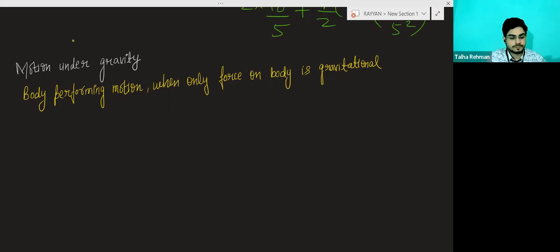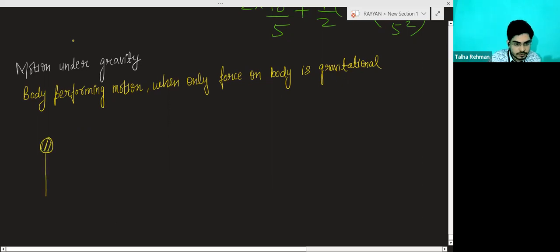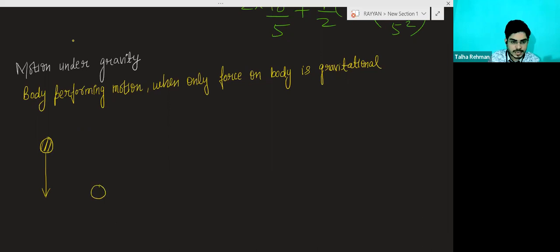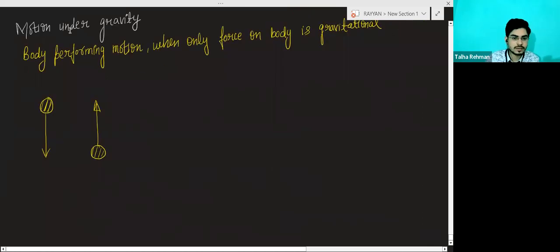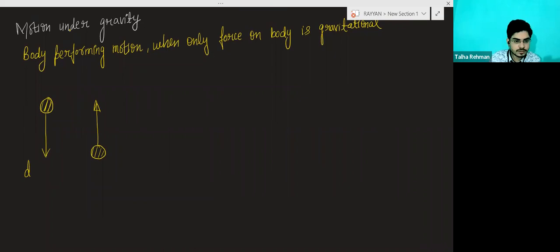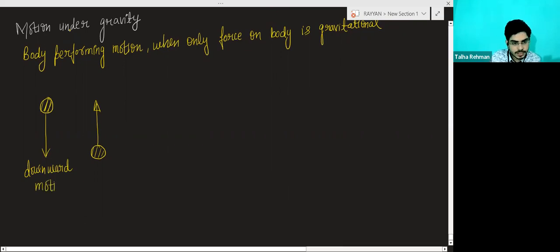Suppose this mass is moving in the downward direction, this is the downward motion. And another mass is moving in the upward direction, this is the upward motion.